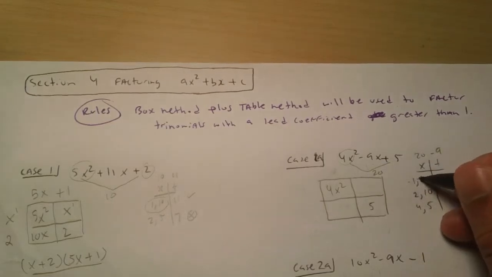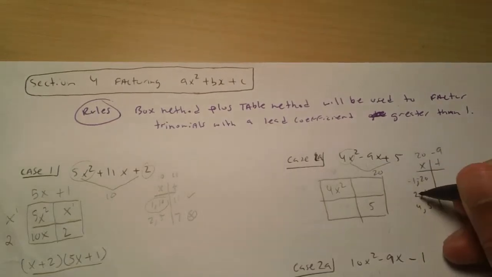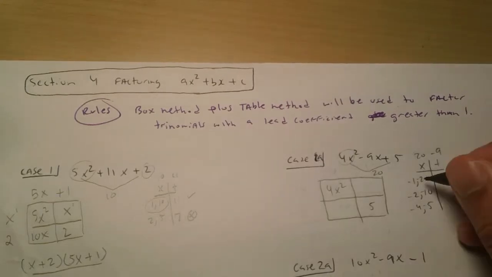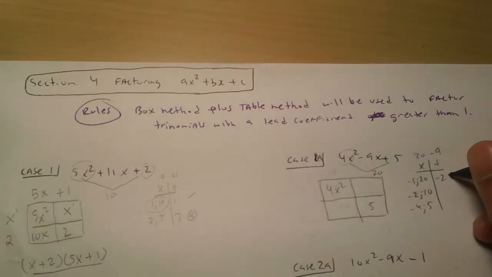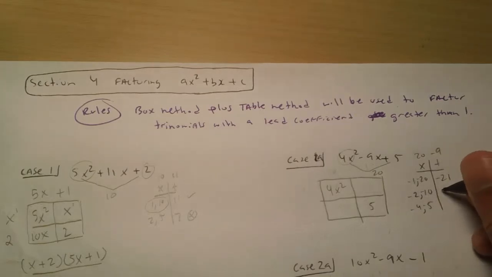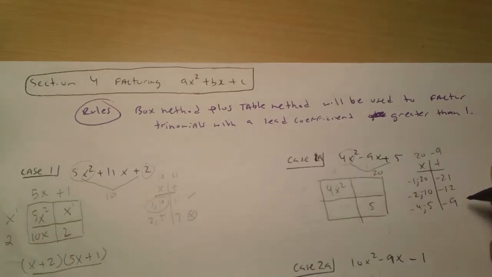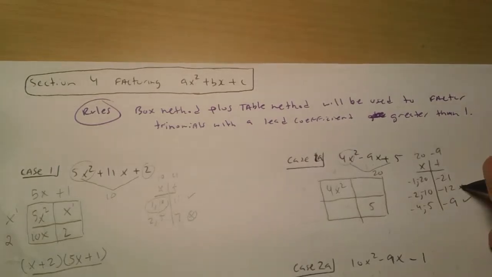So all these are negative. Negative 1 minus 20, negative 21. Negative 2 minus 10, minus 12. Negative 4 minus 5, minus 9. Okay, and there it is.